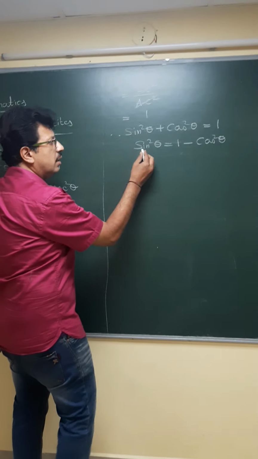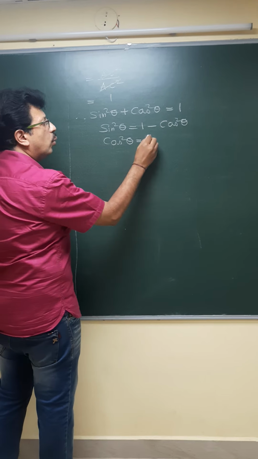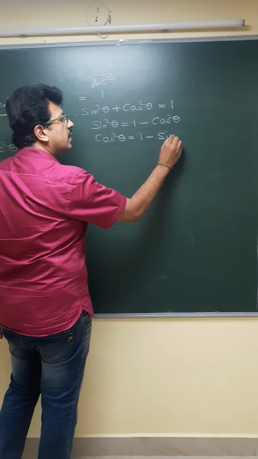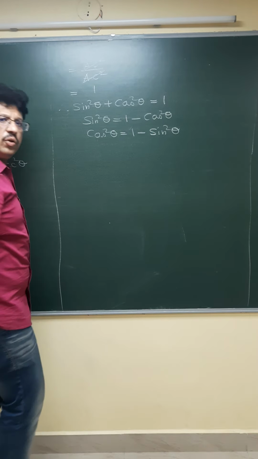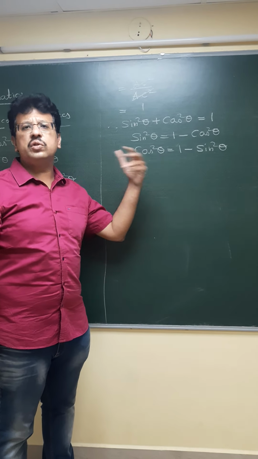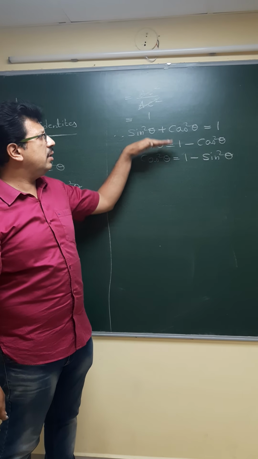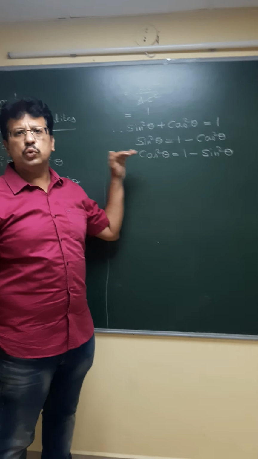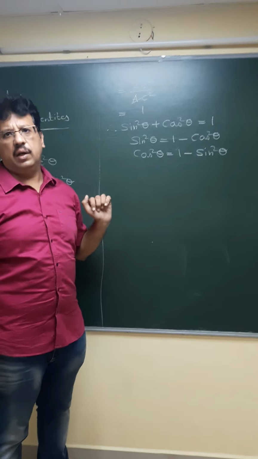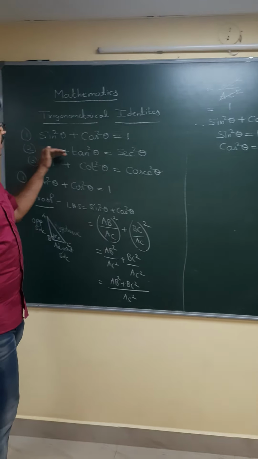Similarly, cos square theta can be written as 1 minus sin square theta. This is also a very important identity which you can use for solving the sums. So these are the very important first identities which you should be thorough with. And after proving this, we will come back to the second identity.